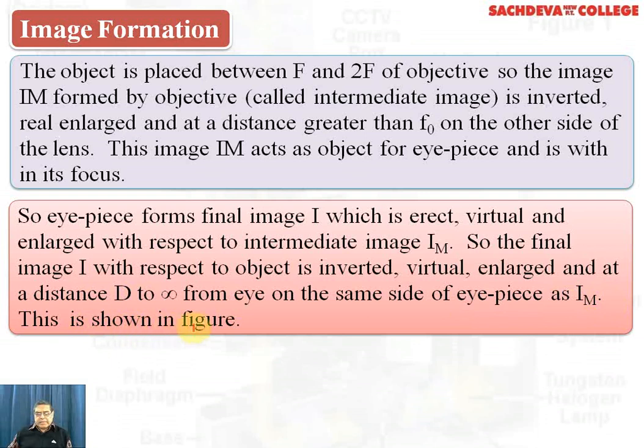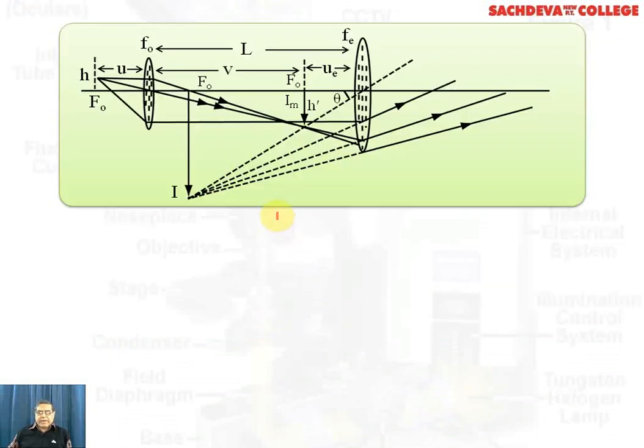This is shown in the figure. There are two lenses here, one towards the left, the other towards the right. Towards the right it is the ocular or eyepiece, and towards the left it is the field lens, that is the objective. For the objective lens, the focal length is f0, and for the eyepiece or ocular, the focal length is fe.